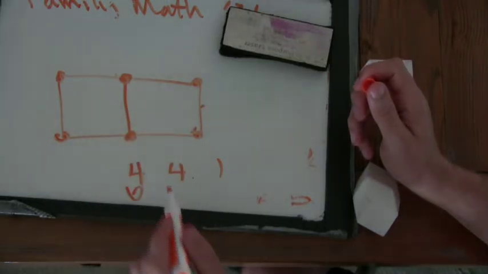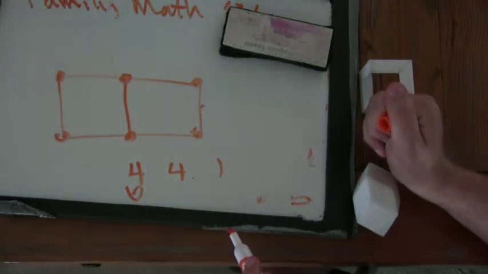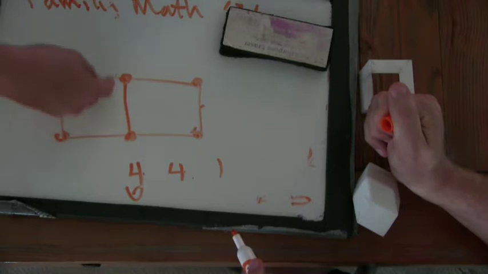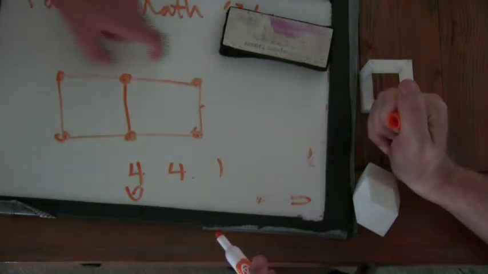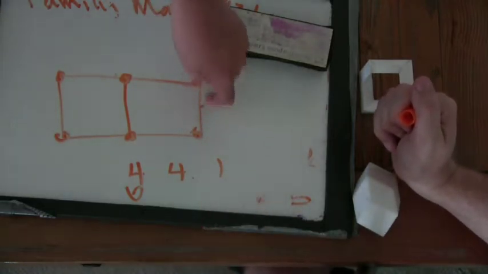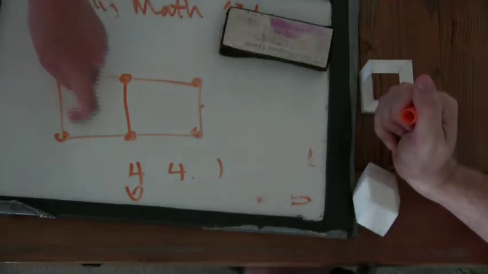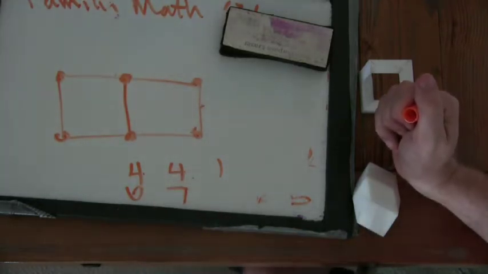Before there were 4 edges, now how many are there? So this would count as a new 5th edge. Or would these count as separate edges now? How many edges are there? Pretend that's made out of Zome. So I count this as 1, 2, 3, 4, 5, 6, 7. There's 7. And how many faces are there?